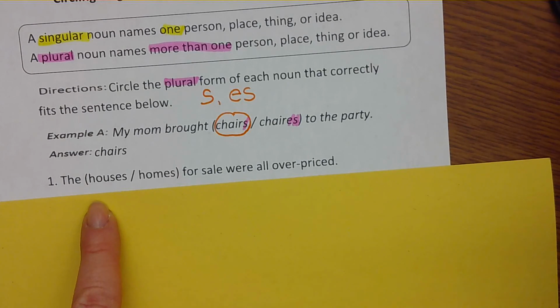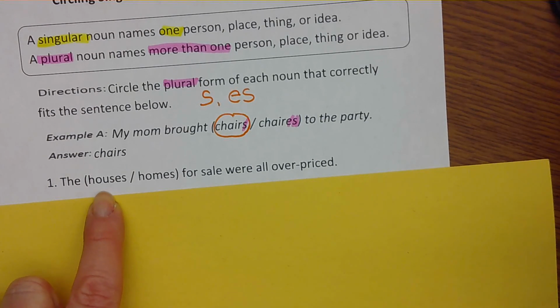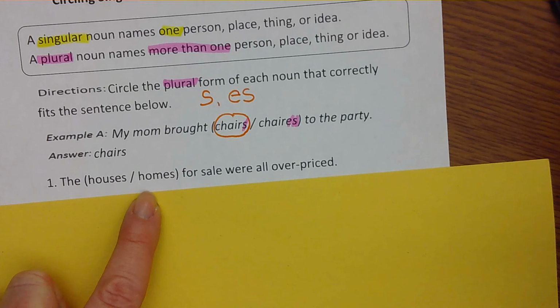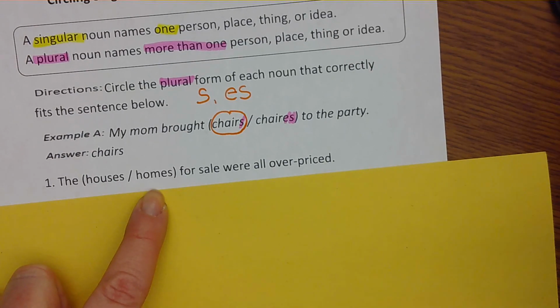The houses or homes for sale were all overpriced. Now this is a tricky one because what's the difference? You would think those are maybe synonyms. They mean about the same. The way I've always learned about houses and homes is a house is just a building, and the home is when you put the people inside of it, and that makes the house a home.